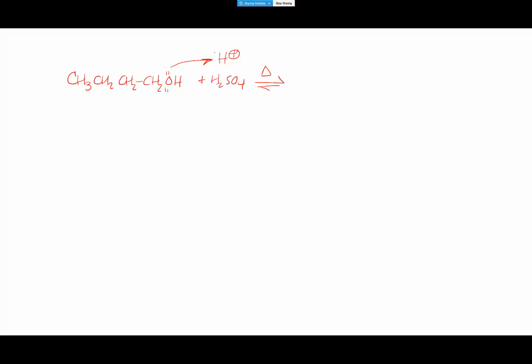Protonate the OH. Okay, great. All right, so I have my protonated OH, which is now my oxonium ion. What happens next? What should I do next?